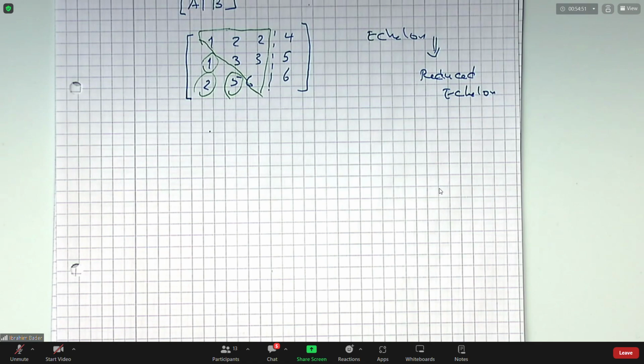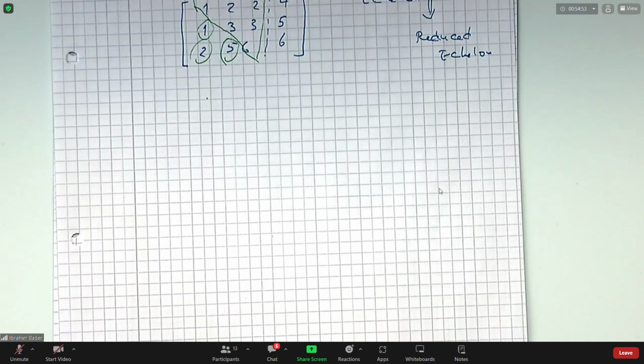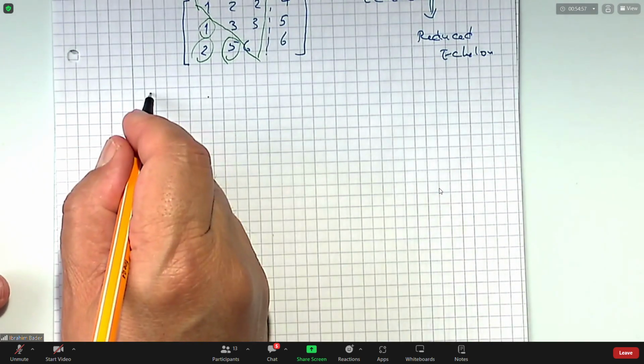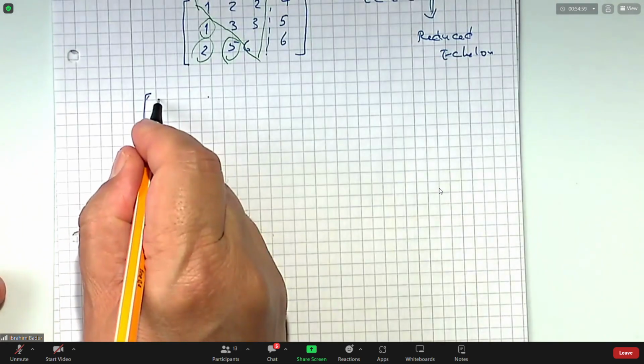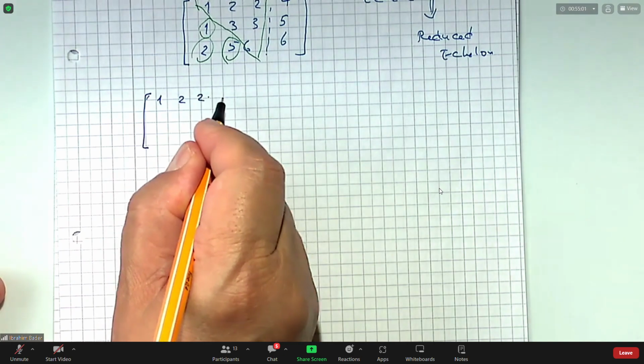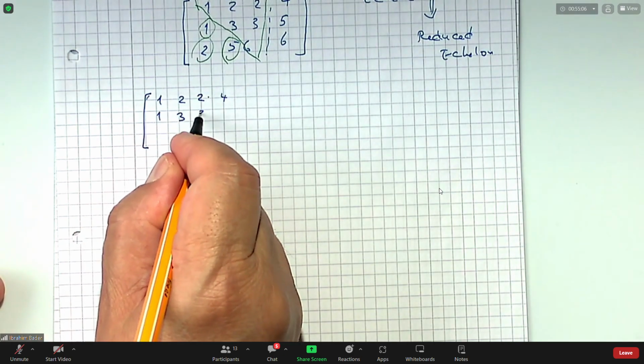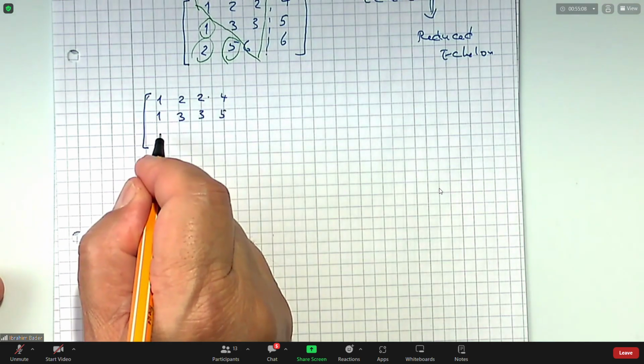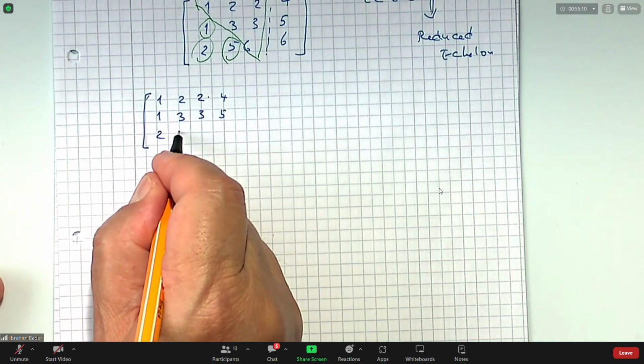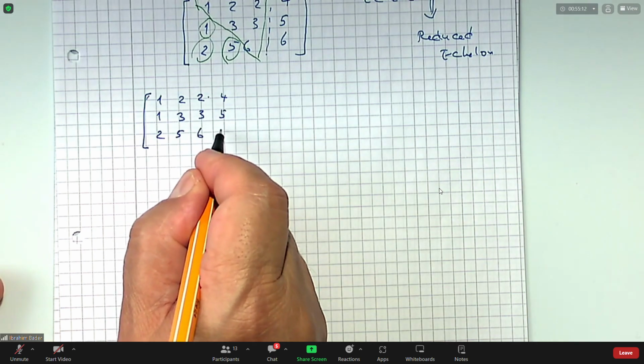Okay. And we are going to use the same notation like before. So we start with this matrix. So here we are working in this new matrix with the right-hand side attached to it, and then here 2, 5, 6.